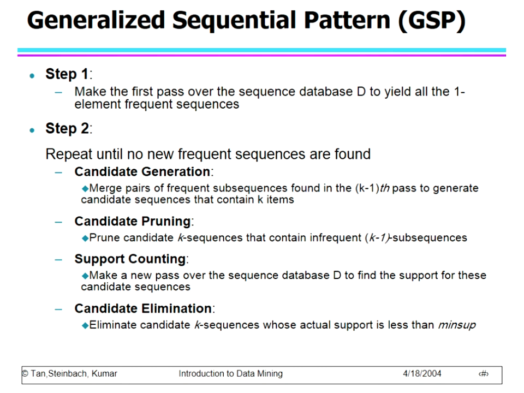It's like the Apriori algorithm, but here we use subsequences, not items. After that, support counting: we make a new pass over the sequence database D to find the support of these candidate sequences. And the final step, we eliminate candidate k sequences whose actual support is less than minimum support. So this is the generalized sequential pattern algorithm.